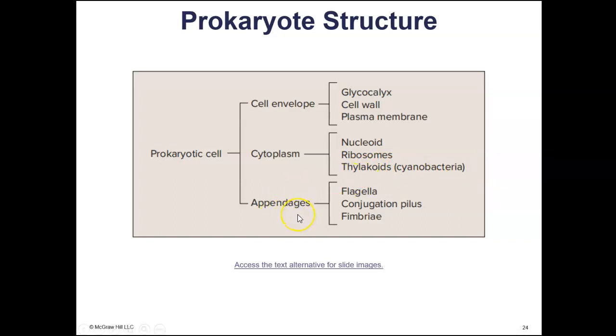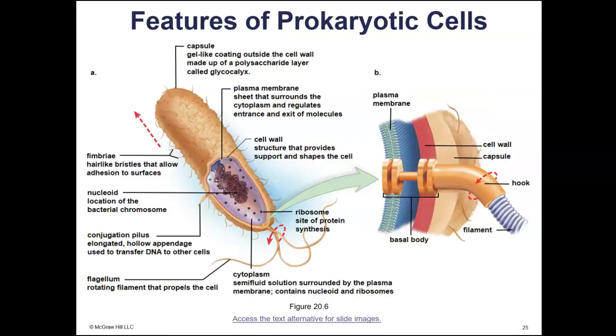Then we have some structures containing appendages such as flagella for movement, conjugation pilus for exchanging DNA, and fimbriae, which will help the bacterium attach to other bacteria and to the substrate that it's growing on.